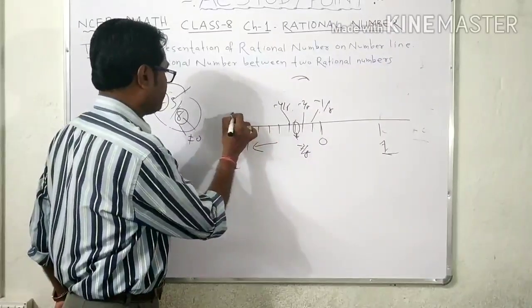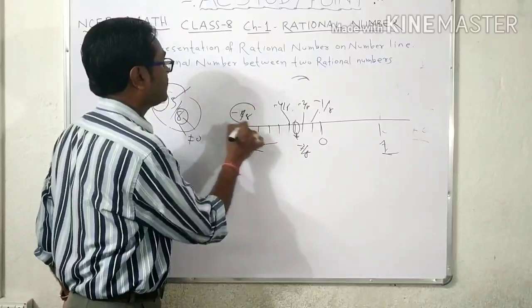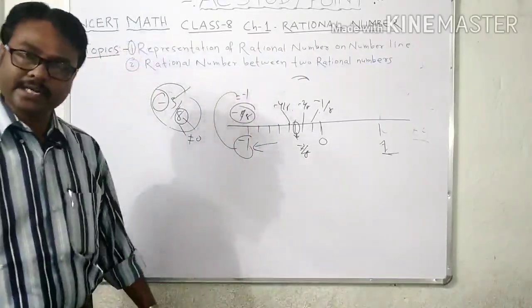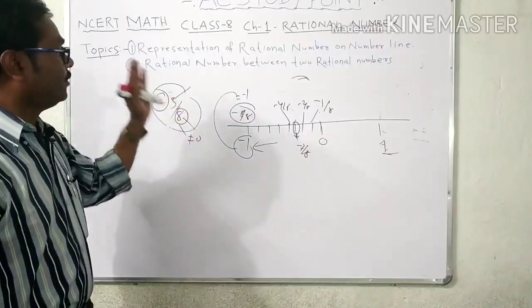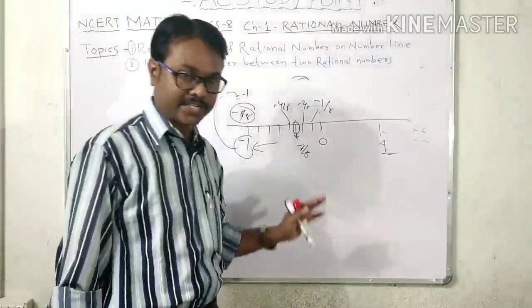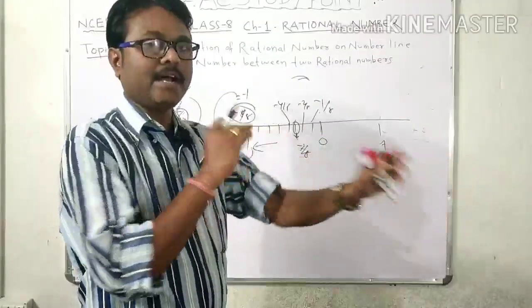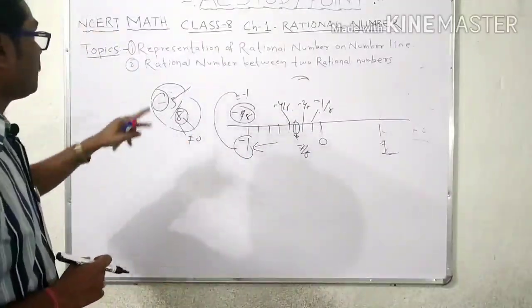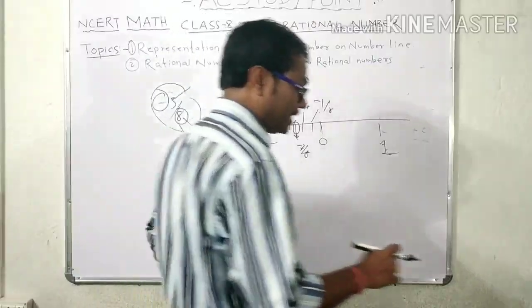This is actually minus 8 by 8, that means it is minus 1. Is that clear? So in this way we can represent a rational number whether it is in positive or negative form.